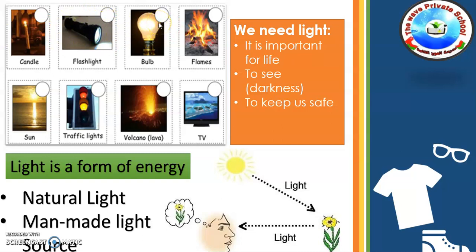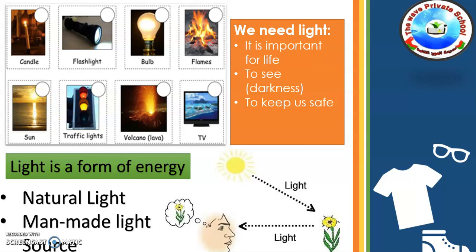Bulb is exactly man-made. Flames or fire is a natural light source. Television is man-made. Volcano here is natural. Traffic light is man-made. And of course, sun is a natural light source.